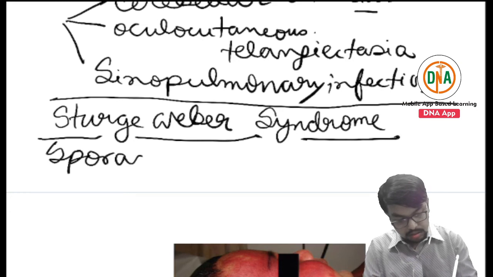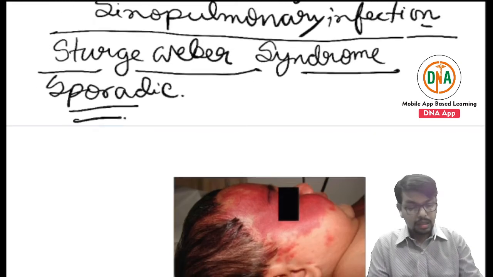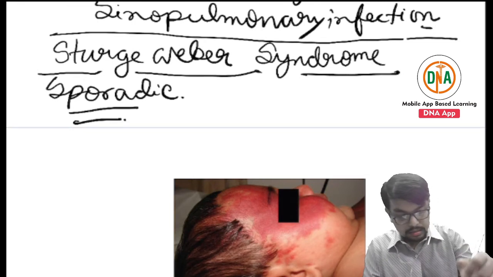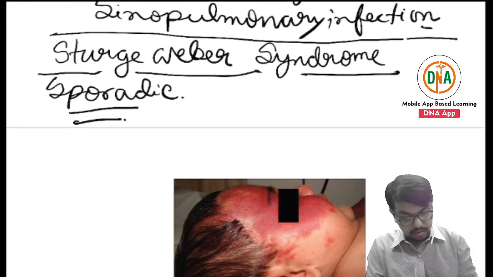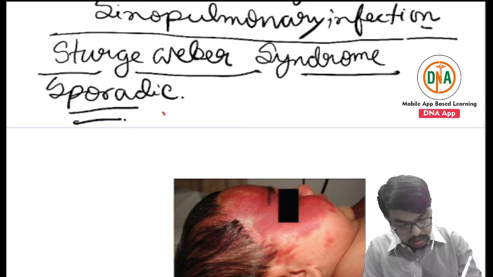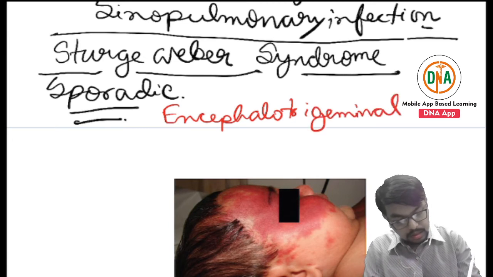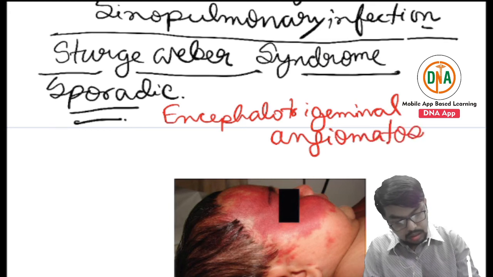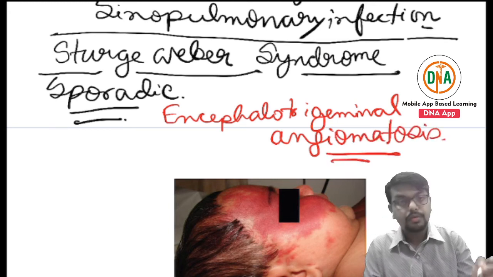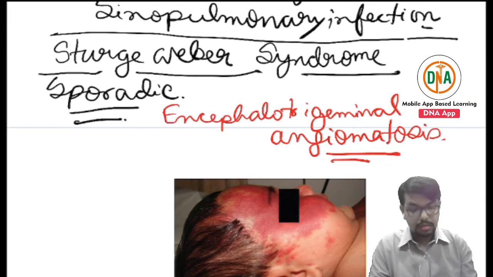It is a sporadic disease. This is also known as encephalo-trigeminal angiomatosis.